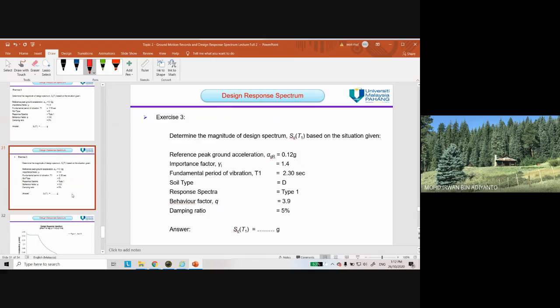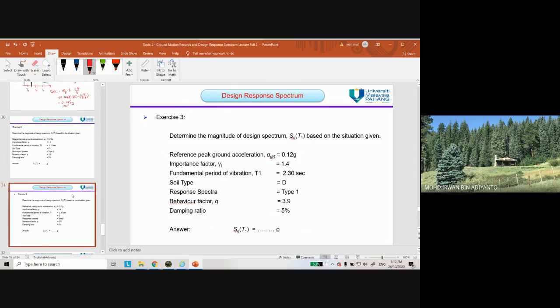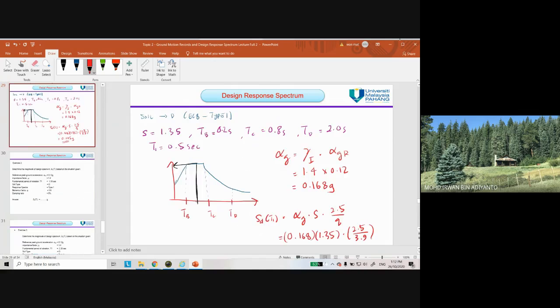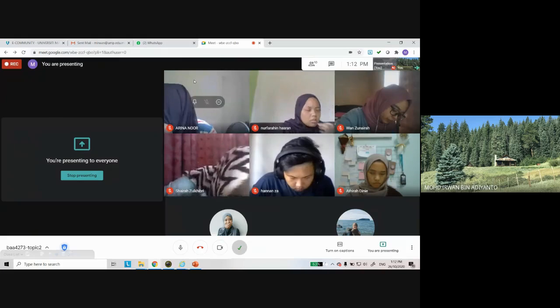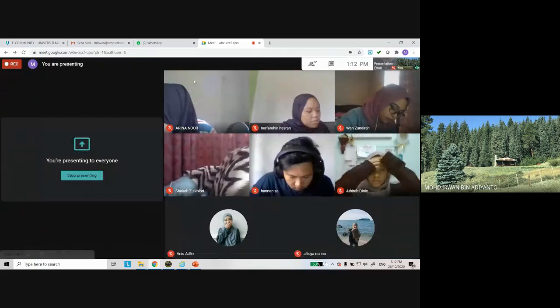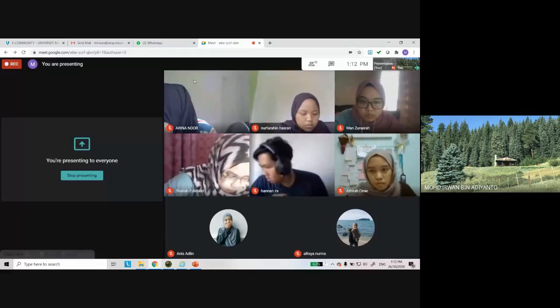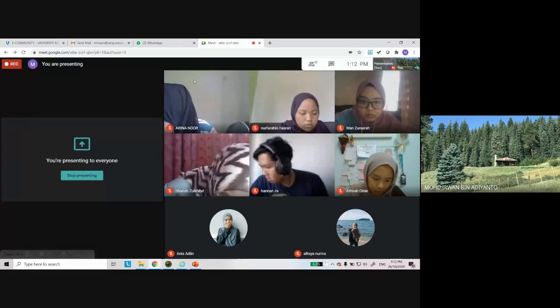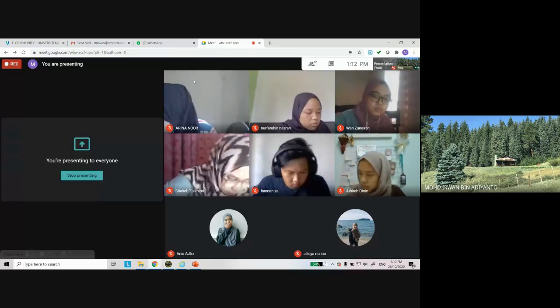How about soalan 3? Ada yang dah mula soalan 3 tak? Exercise 3. Kalau dah siap, boleh buat yang exercise 3 terus. Dia masih sama, cuma yang berbeza ialah fundamental period of vibration, which is the T1. Yang lain tu masih sama.